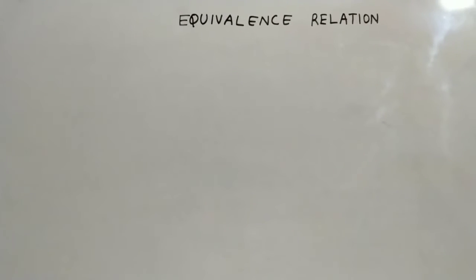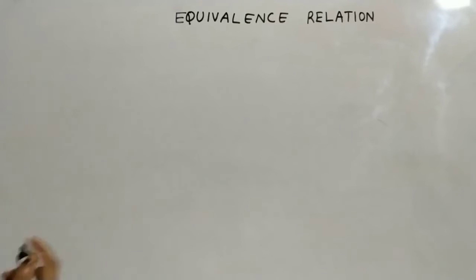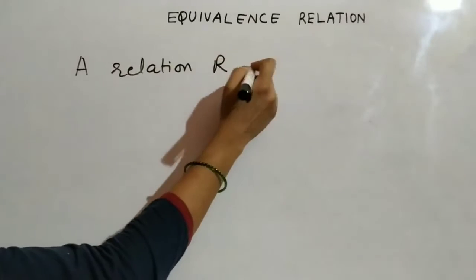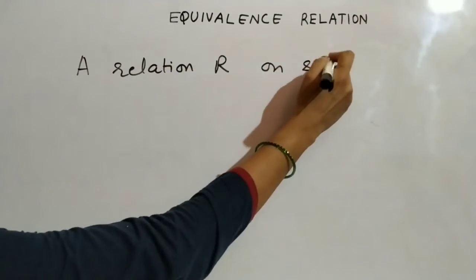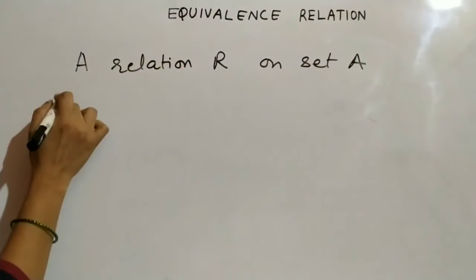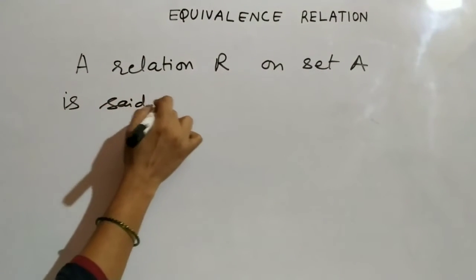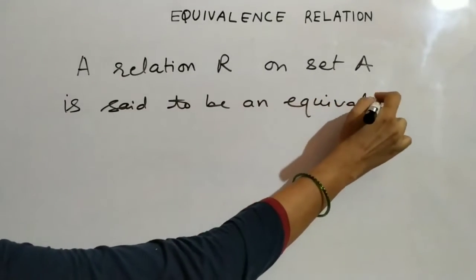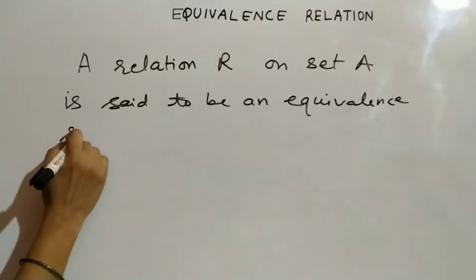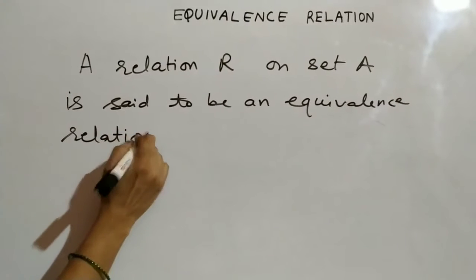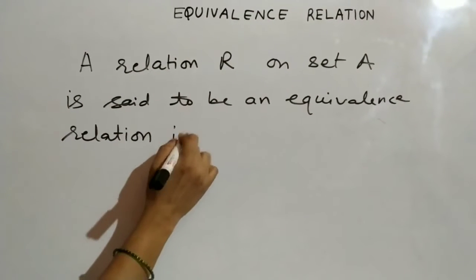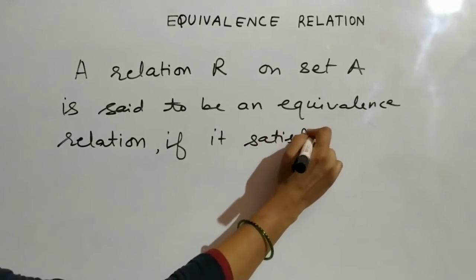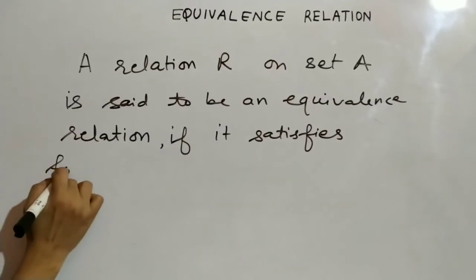In other words, you can say a relation R on a set A is said to be an equivalence relation if it satisfies the following three conditions.